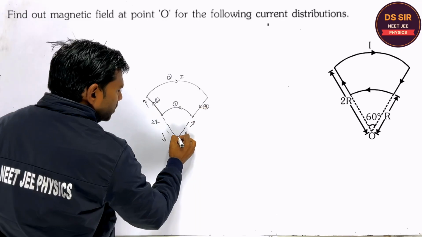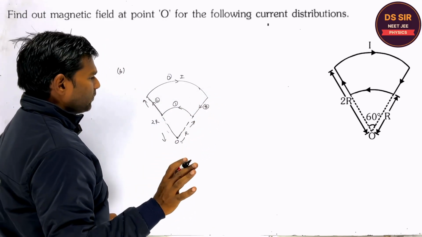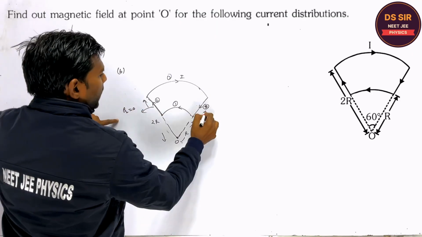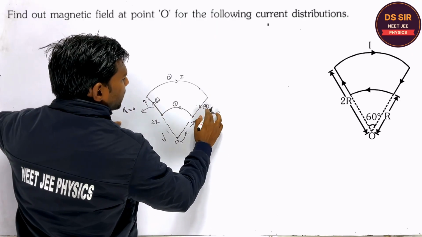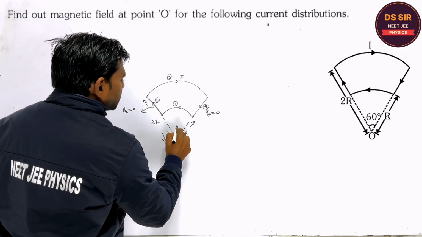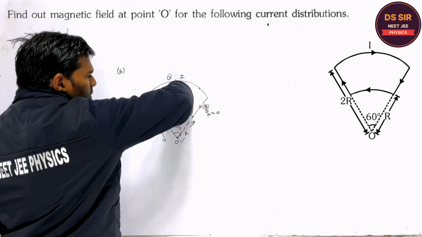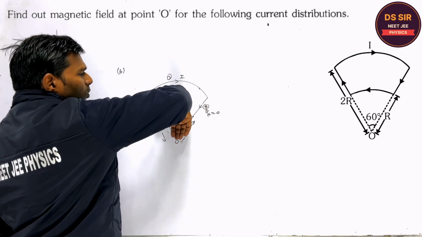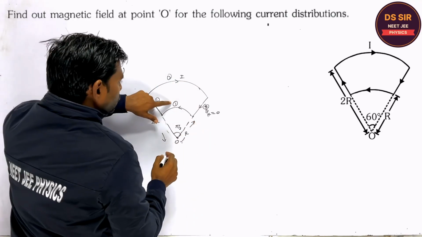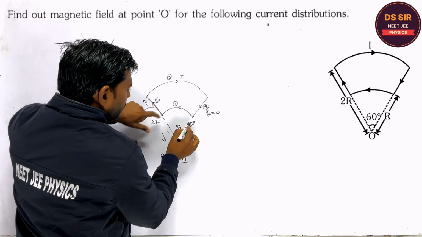And the point O lies on the fourth part of the wire, on the line of the fourth part of the wire. So because of this and this, the magnetic field is 0. And this angle is pi by 3. So this is out of the board. Because of one part, the magnetic field, what is the radius?